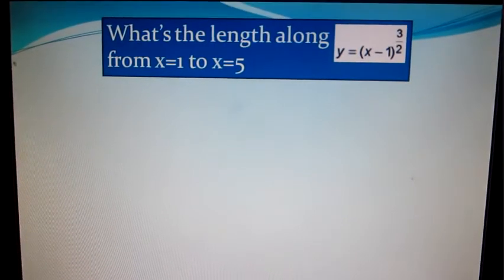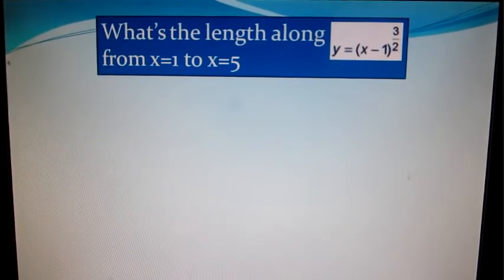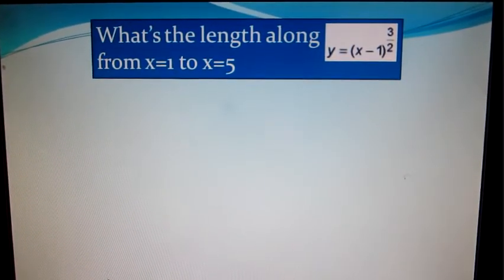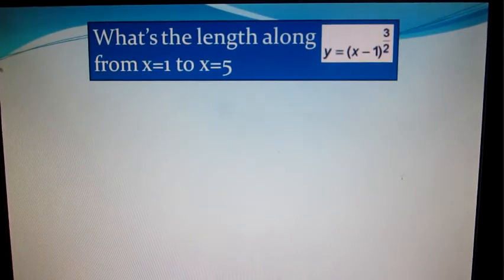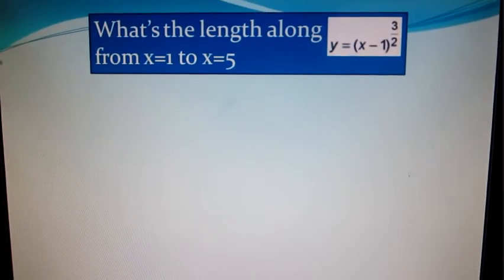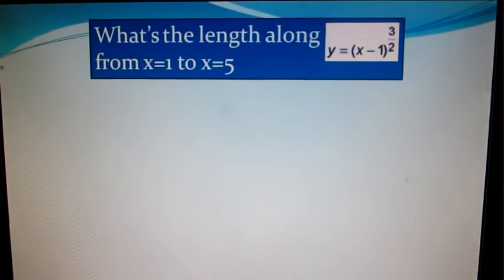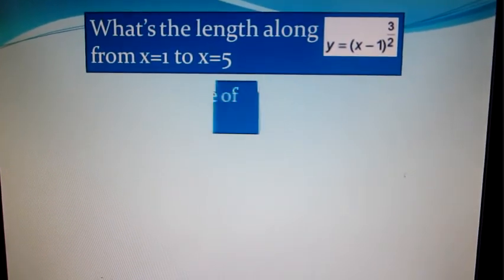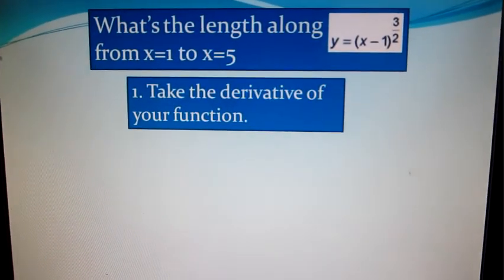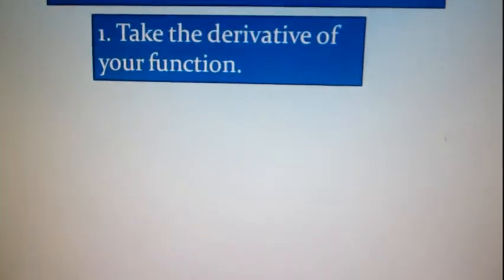Try this one. What's the length along y equals quantity x minus 1 raised to 3 halves from x equals 1 to x equals 5? First, take the derivative of your function.